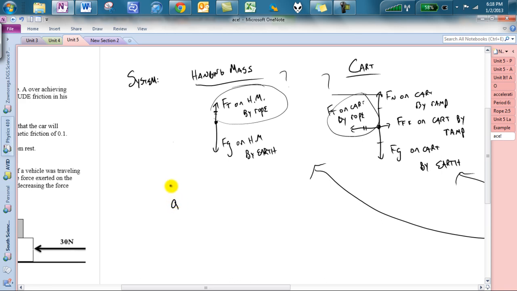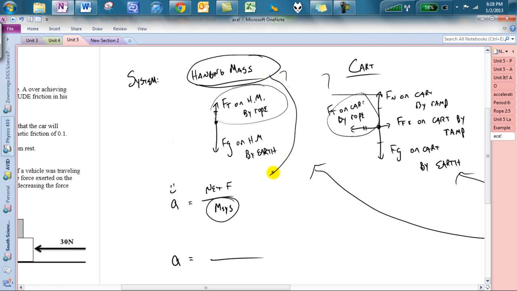I now know the acceleration, and so I can set up my net force equation. a is equal to net force divided by mass of the system. Acceleration I know. Mass of the system I know too. The only difference is now the mass of the system is going to be whatever my system force diagram is. So you're going to notice that I am going to be using the hanging mass.